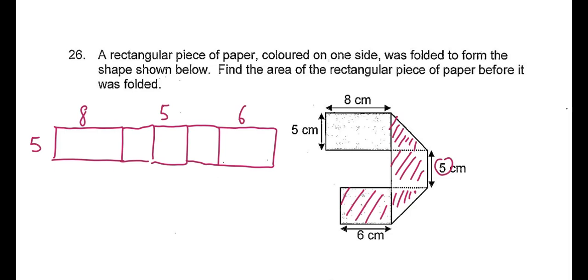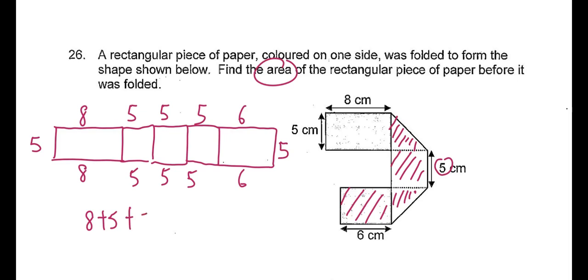Now you have all these numbers here, so it is time to fill up all the numbers that you know. This square is actually 5, 5, 5, 5. Now how to find the area? The paper is now unfolded. Let's find the length first.